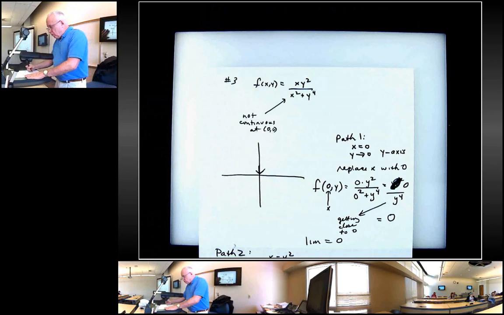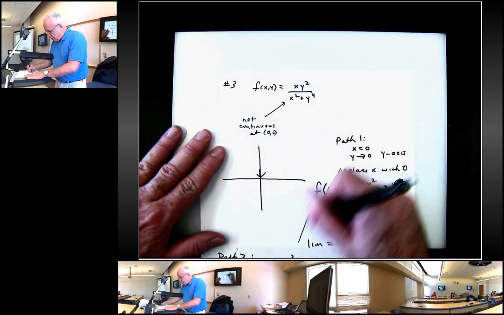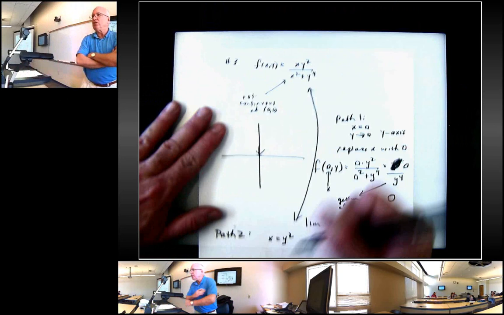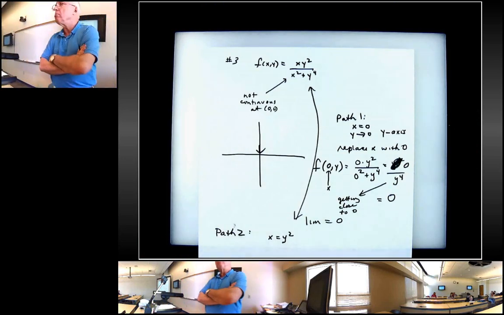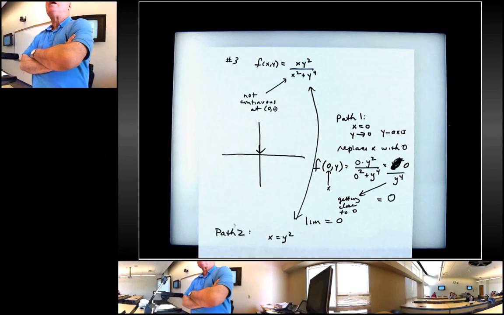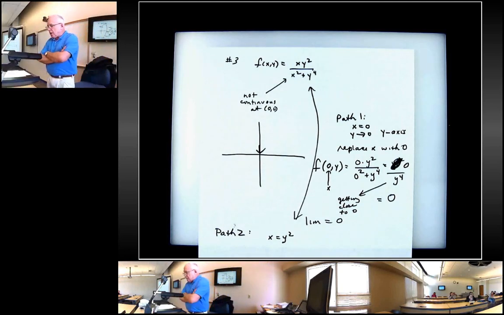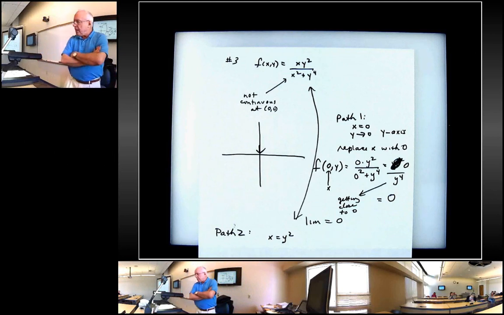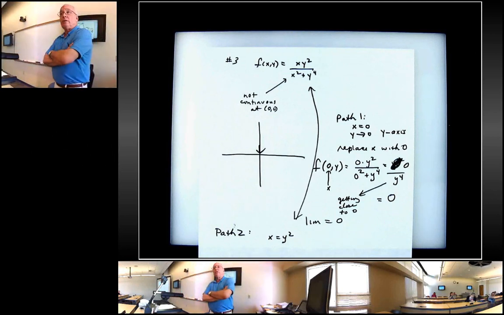So what made you think of that here? This is our function. Yeah, okay. So Mary's saying she saw that if she replaced x with y squared, in the numerator she'd get y to the 4th.